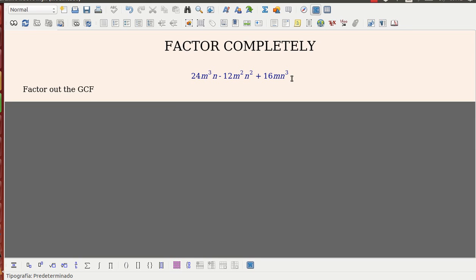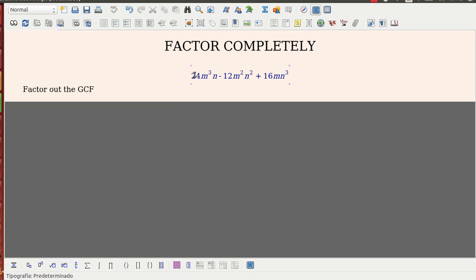Which is the GCF? We can see that we have m as a common variable, and m to the first power will be the GCF for m. And for n, n.